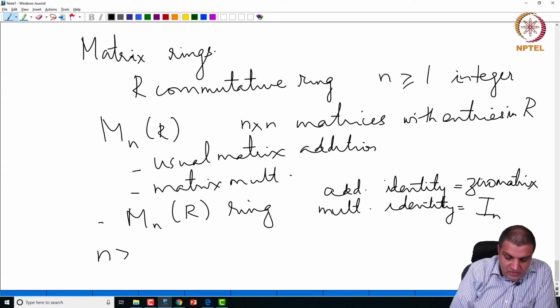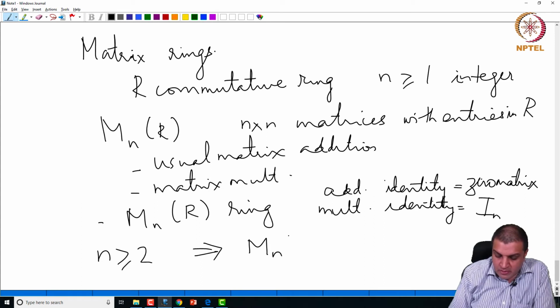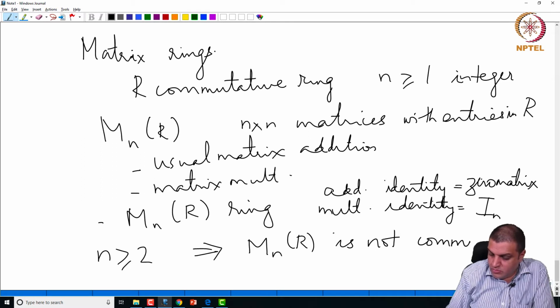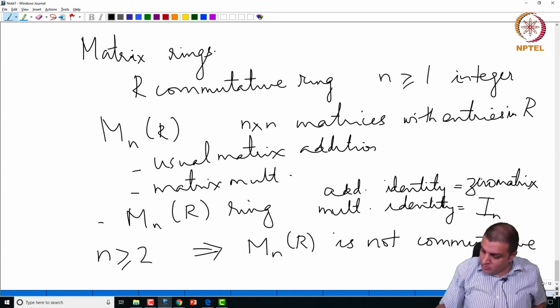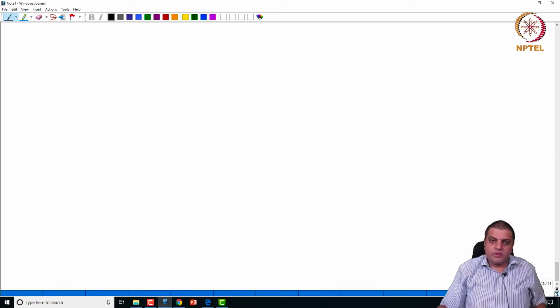However, if n is greater than or equal to 2, then this is a non-commutative ring. So now we look at one more class of rings, after which we will look at some examples in Macaulay.